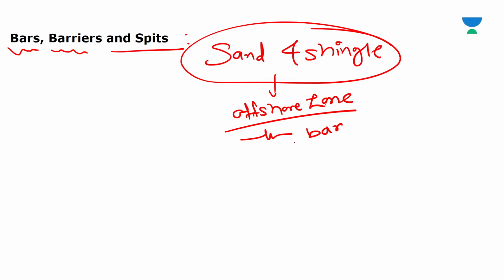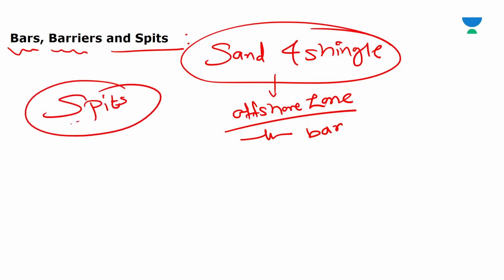So sometimes such barrier bars get joined up to one end of the bay, when they are called spits.